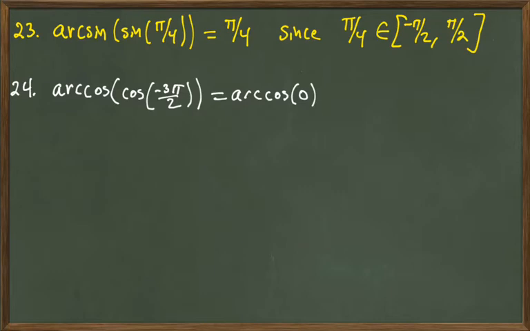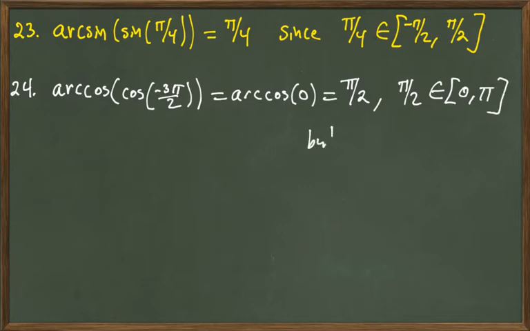So now we ask the question, what is the arc cosine of 0? Where between 0 and pi is cosine equal to 0? That happens at pi over 2, and pi over 2 is in that restricted domain 0 to pi. But negative 3 pi over 2 is not in that restricted domain, so we can't use it.